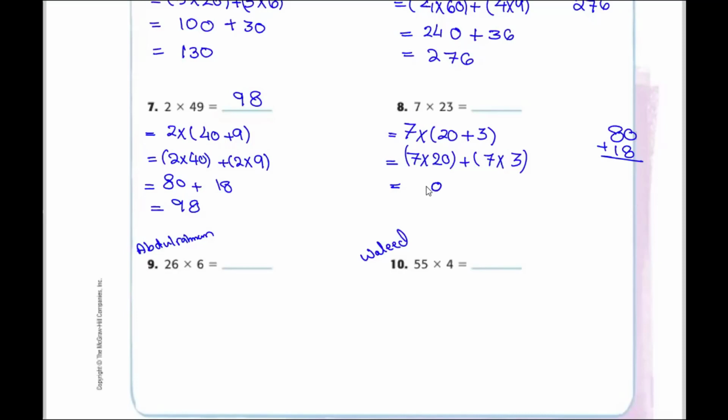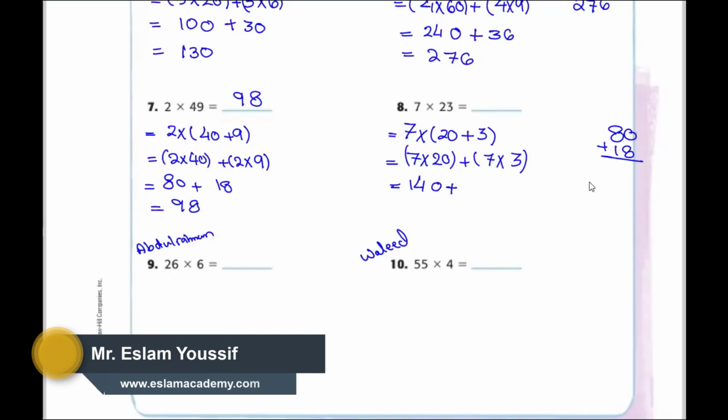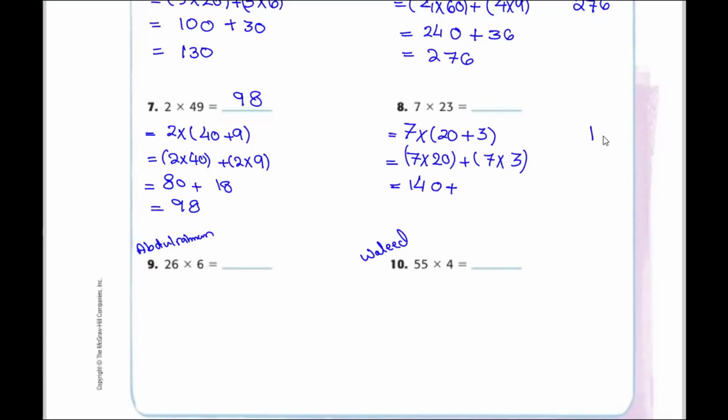So put 0 at the first. 7 times 20 equals 140, plus 7 times 3 equals 21. So the answer now would be by adding. 1, 4 and 2, 5, 6, 1. So 161. The answer would be 161.